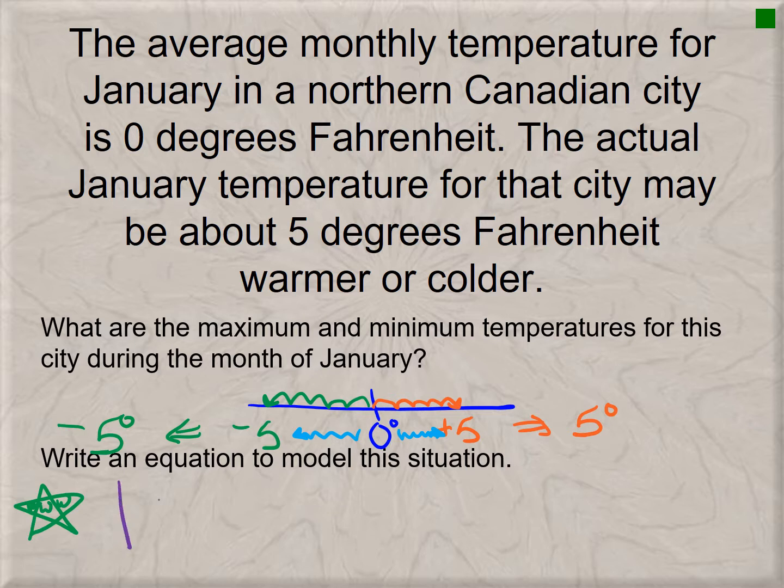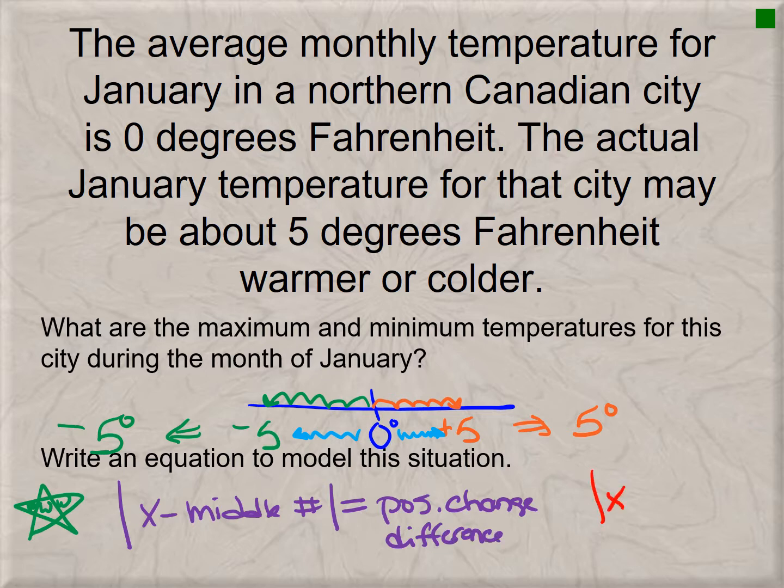It's going to be the absolute value of x minus the middle number is equal to the positive change or difference. In this case, that means the absolute value of x minus 0, because 0 is our middle number up here, is equal to 5, since we have a difference of 5 degrees either way.